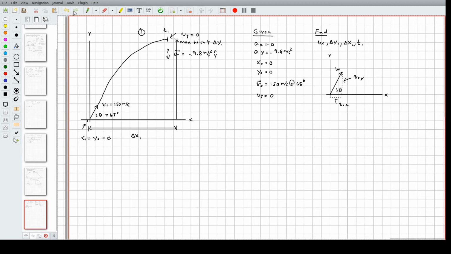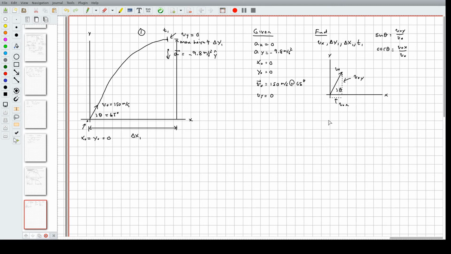Okay, so as I was saying, if you write out your trig functions, we know sine of theta is opposite over hypotenuse. In this case, opposite is v naught y, and the hypotenuse is v naught. Cosine of theta is adjacent over hypotenuse, so the adjacent part is v naught x over v naught.